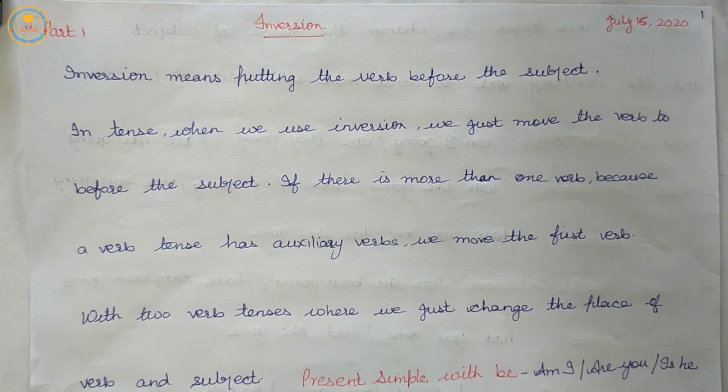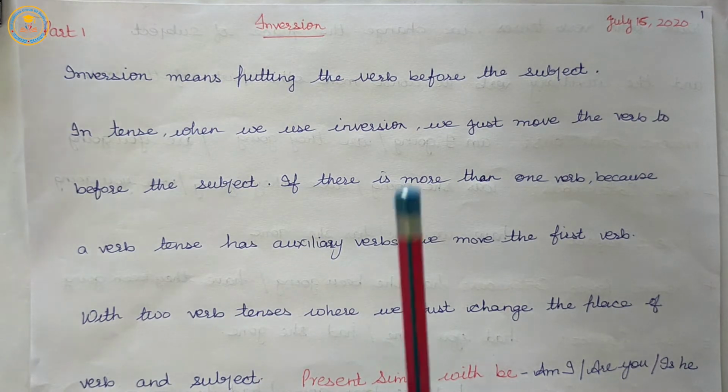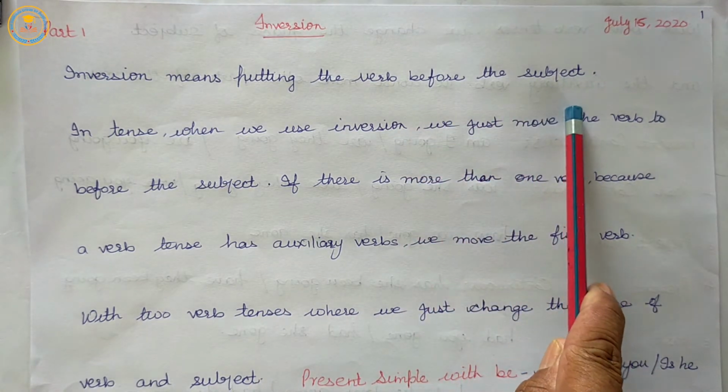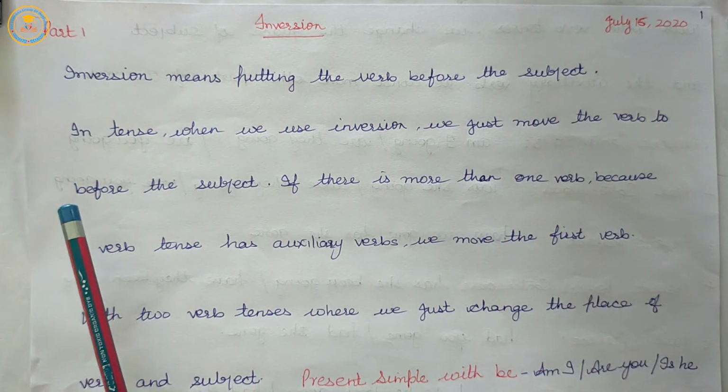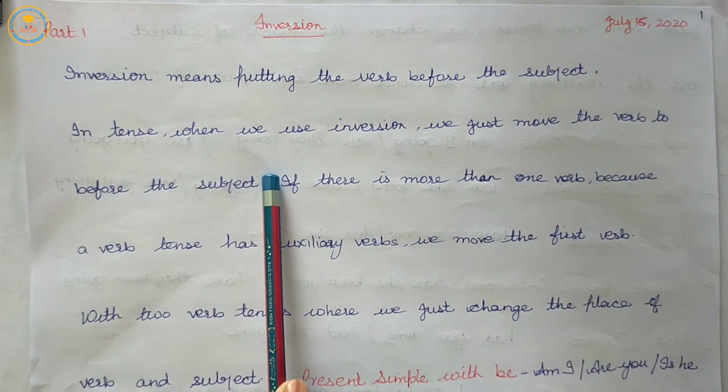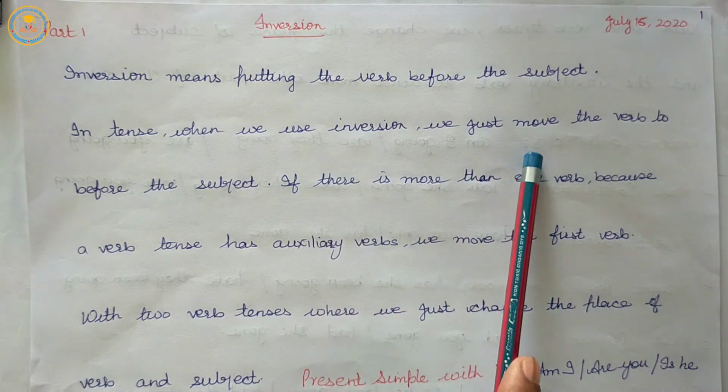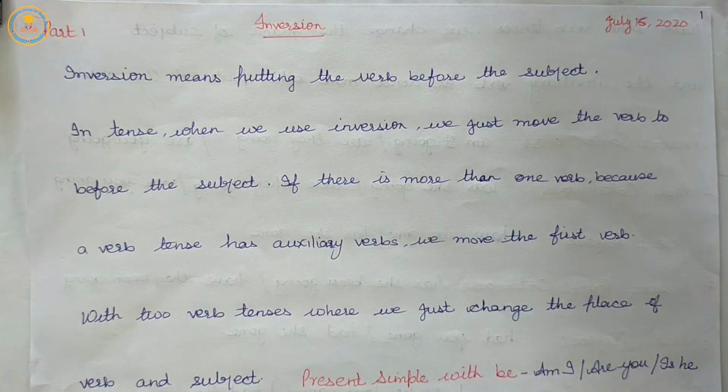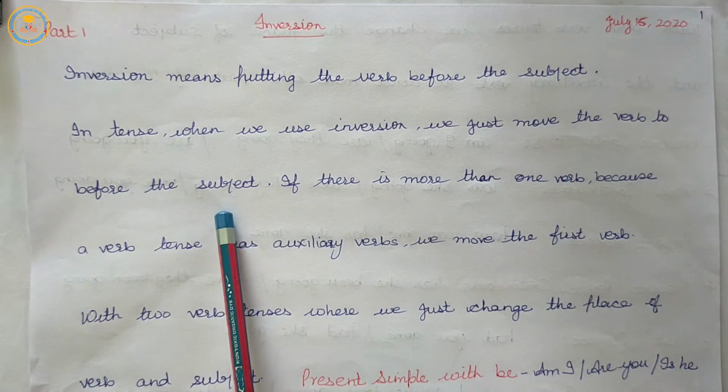So what is inversion? Inversion means the inverted order of the natural order, or you can say inversion means putting the verb before the subject. In tenses, when we use inversion, we just move the verb to before the subject.